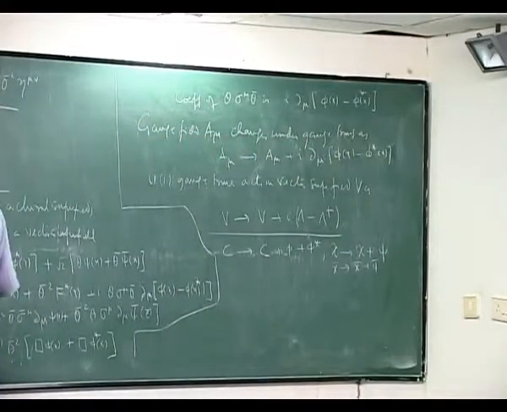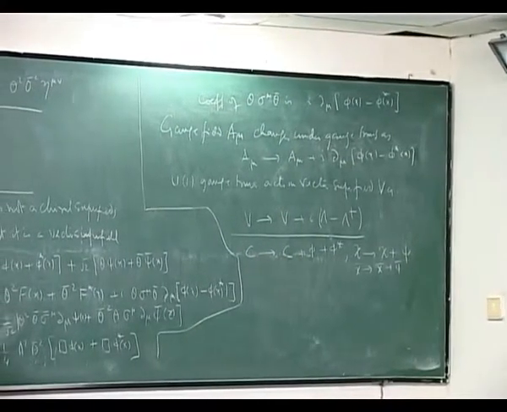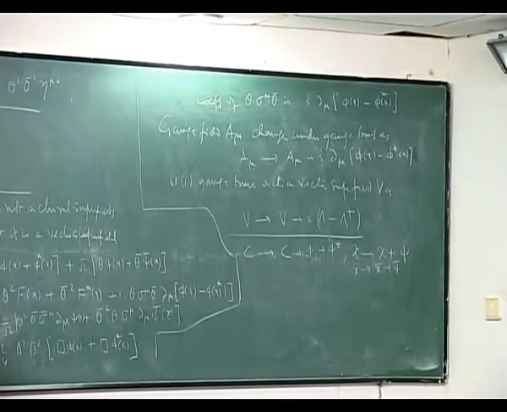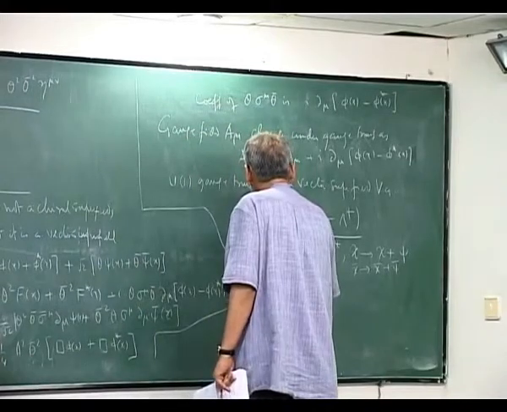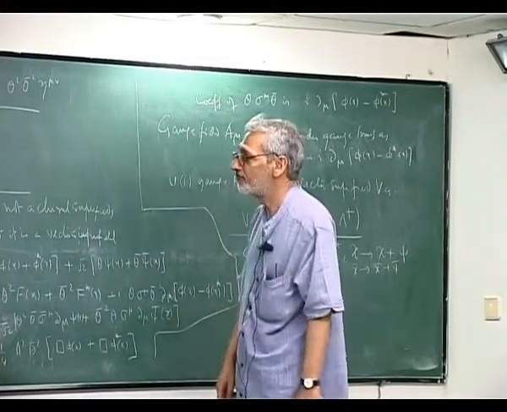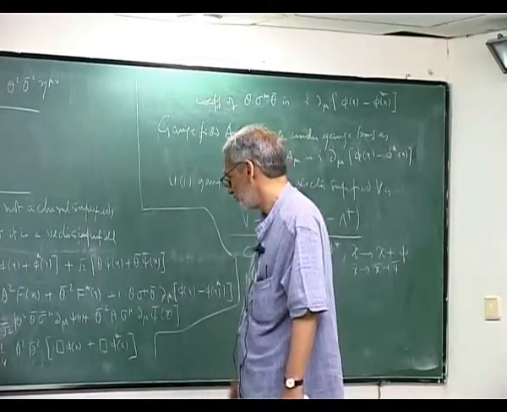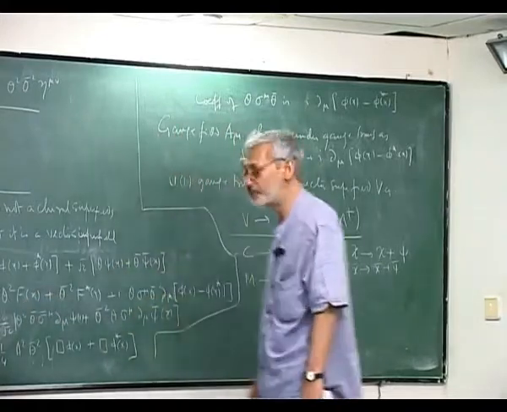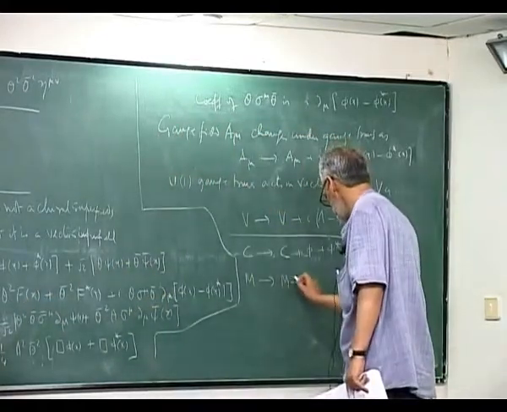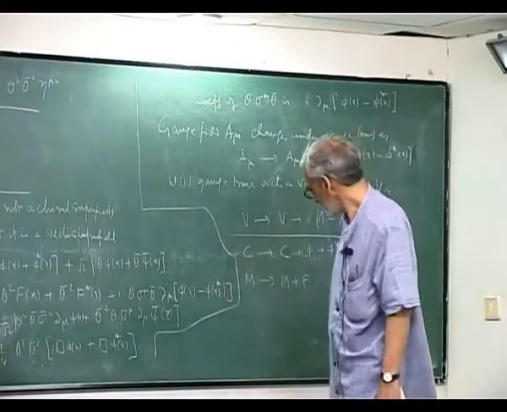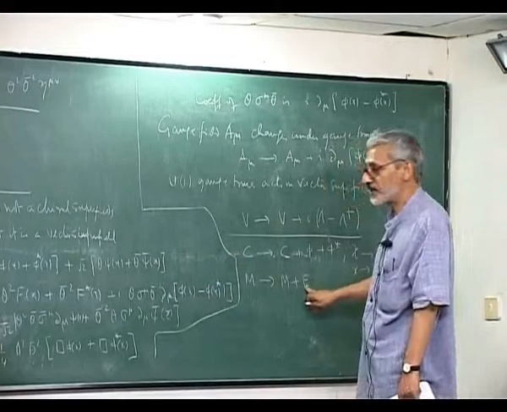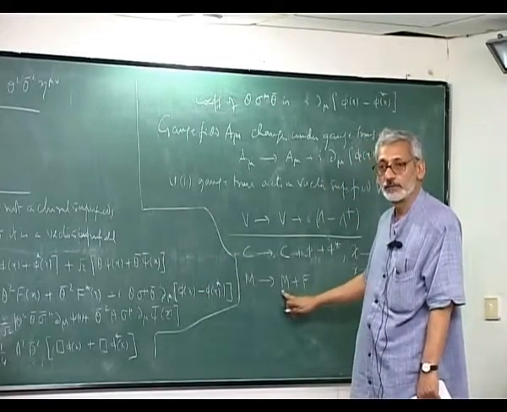Psi is mass dimension half, and chi is, as we listed here, mass dimension half. Next is m. And how does m change? It changes by f, and similarly m star. F is mass dimension 1, m is mass dimension 1.